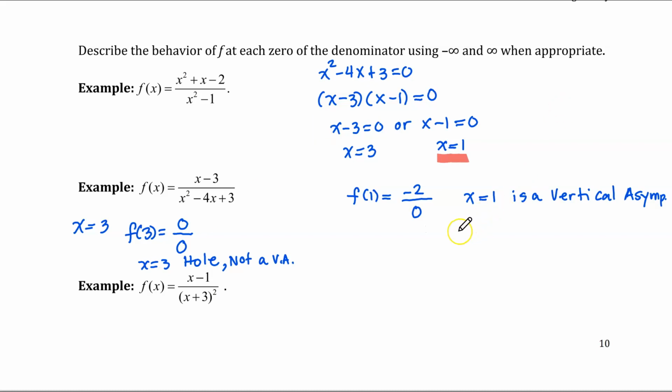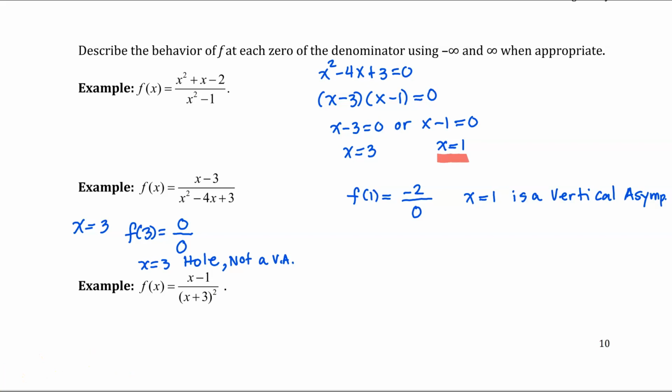Now, we know that if a function is approaching a vertical asymptote, the function will either increase without bound or decrease without bound. That means that the limit of the function as it approaches this value of x, the vertical asymptote, is either positive or negative infinity.